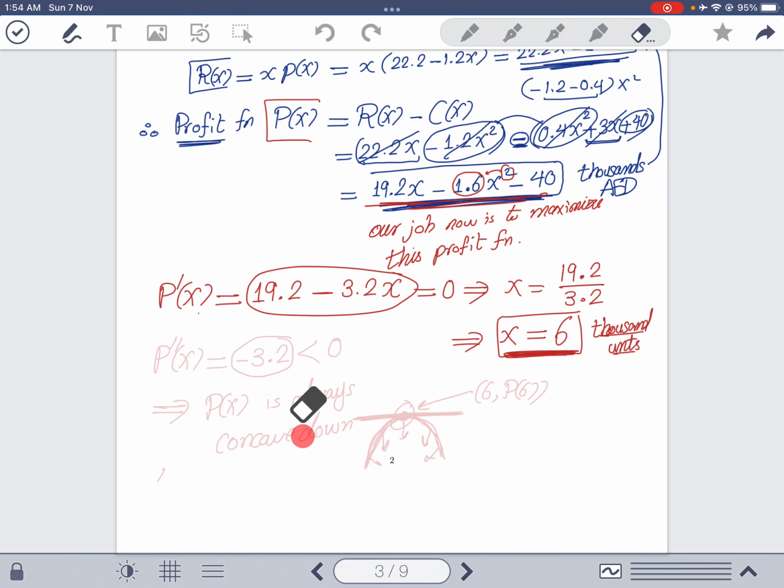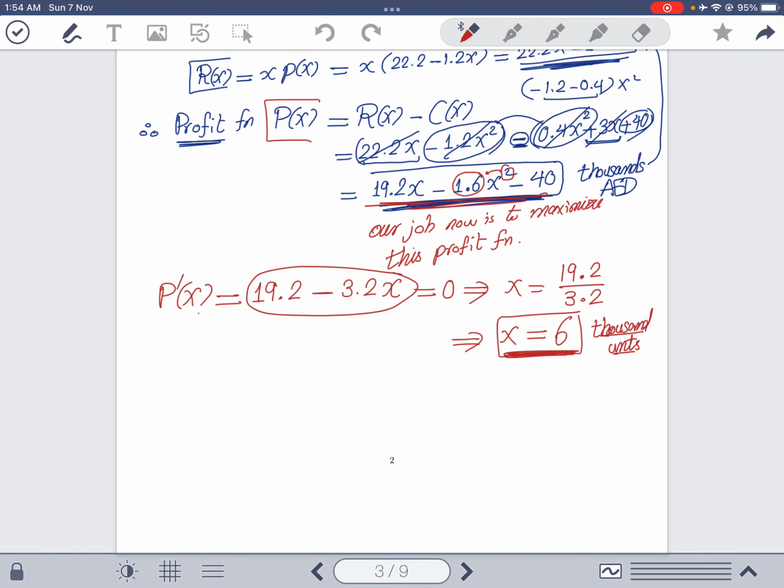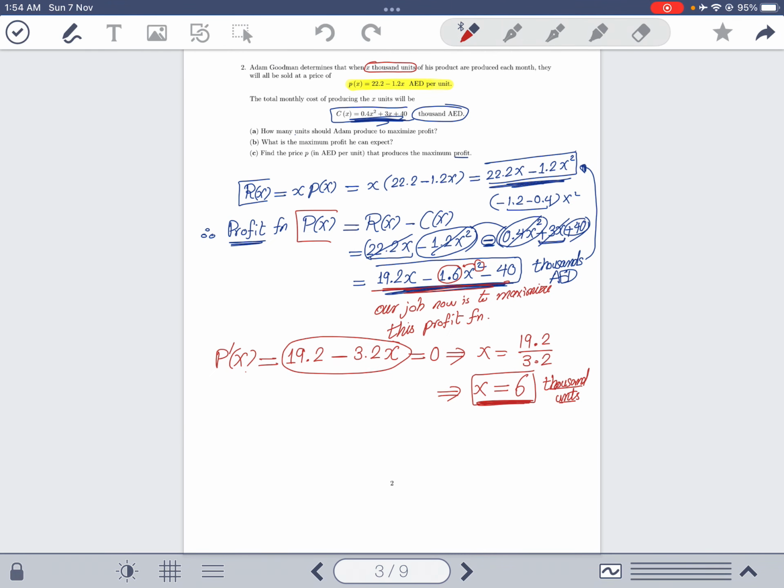I will just erase the reason. And so now we know that, therefore, at x equal 6,000 units, the profit is maximum. P of x has its maximum value of, just replace 6 for x in p.